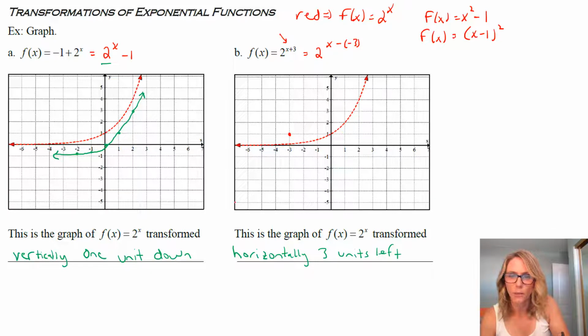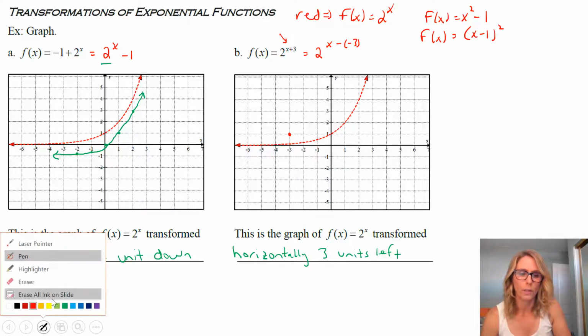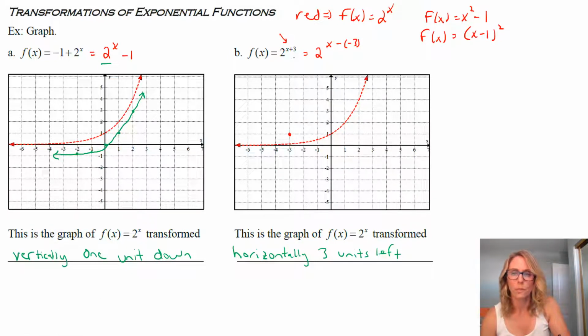So we find any points we can and we move them 3 units to the left, and then we just connect them because it's a transformation. So I'm going to go back to green here, and then a 1 and a 2 and a 3, and just enough to get the shape that we've already been talking about. 1, 2, 3 down here.